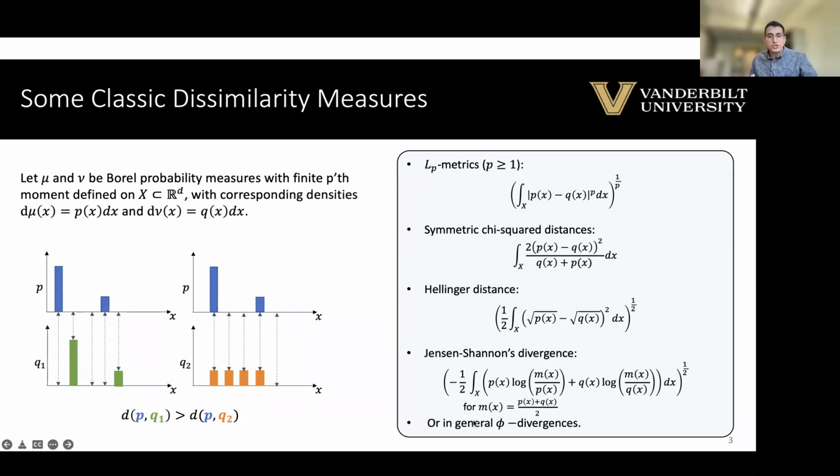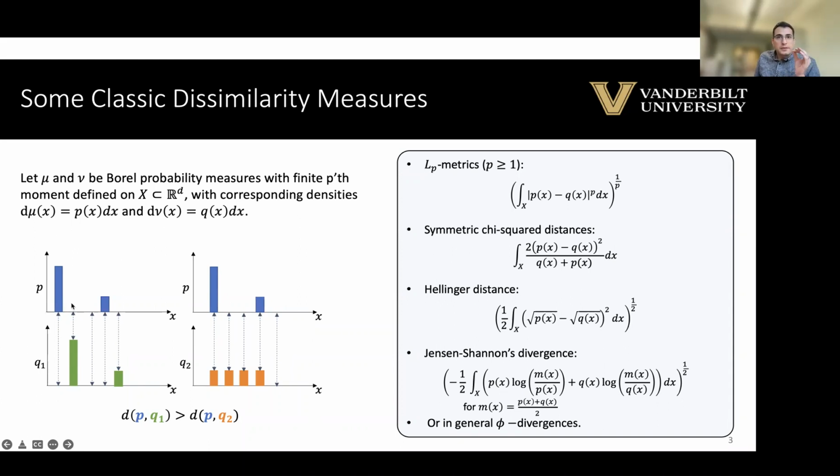In general we can have phi divergences to compare these distributions. The reason I'm hesitant to say distances is that some of them are not true metrics, like the Jensen-Shannon divergence. It doesn't satisfy the triangle inequality in this specific case.